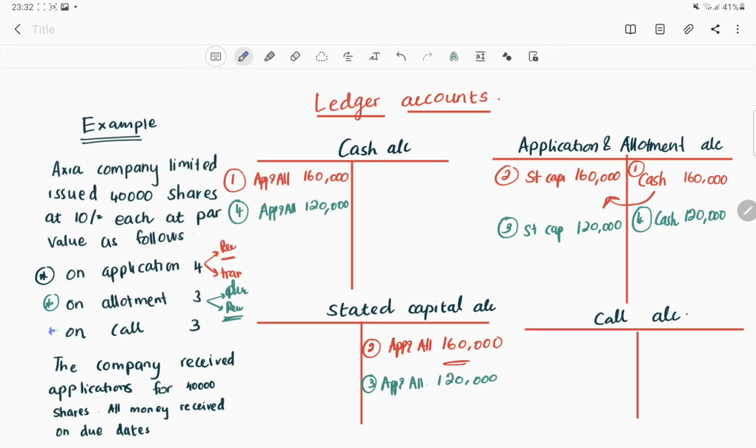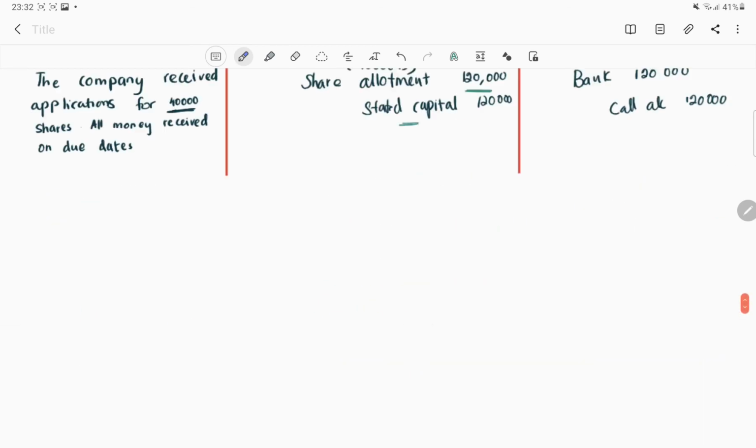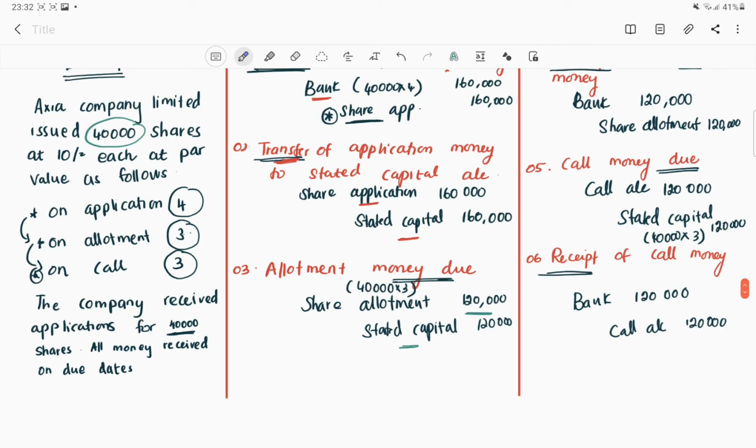Let's move to the call. So call also consists of two entries, the due amount and the receipt. The entry relating to due is that I have to debit the call account by 120,000 and credit the stated capital by 120,000, because the call money amount is taken out from the call account and put into the stated capital.